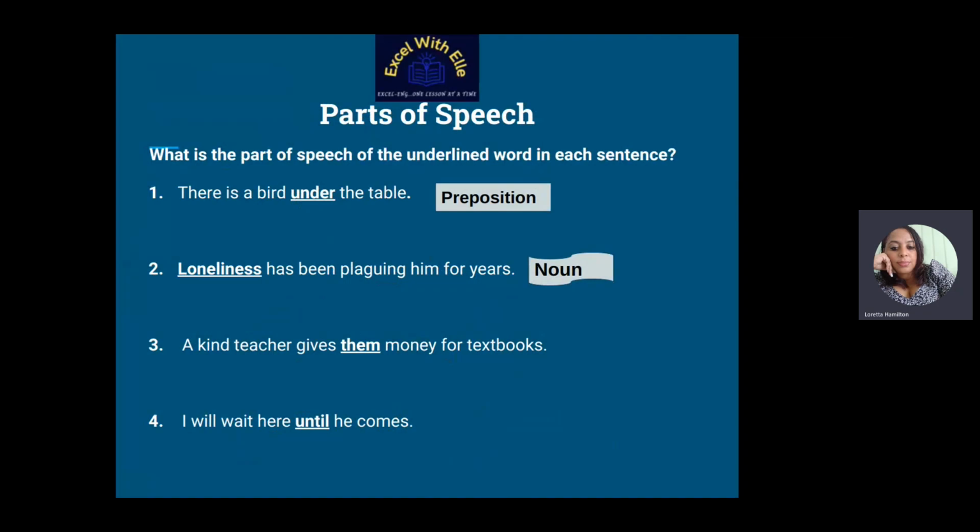Number 3 reads, a kind teacher gives them money for textbooks. And our underlined word here, our focus word, is them. Now, the word them must be replacing something. So it might be replacing John and Kerry. So a teacher gives John and Kerry money for textbooks could have been the original sentence.